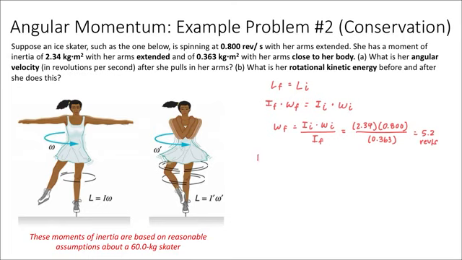So if we solve for the initial rotational kinetic energy, we'll just call it this. That would be 1/2 their initial moment of inertia multiplied by their initial angular velocity squared. And in this case, because energy is expressed in the unit of a joule, I do need to convert my angular velocity here to radians per second. I can't use it in revolutions per second.